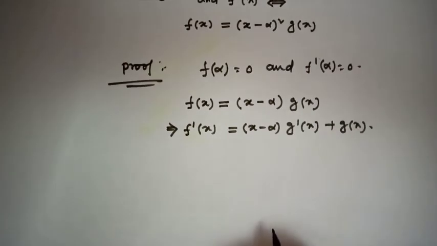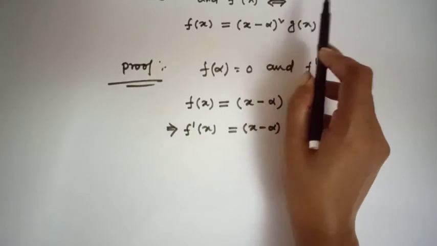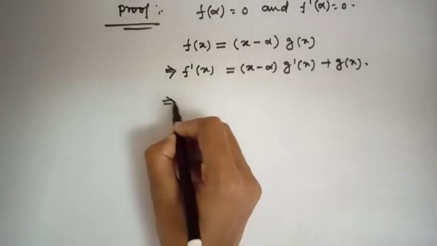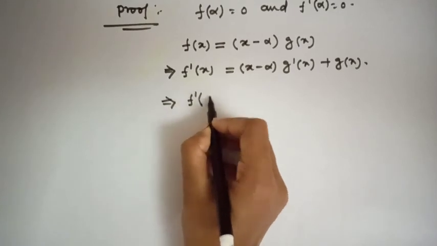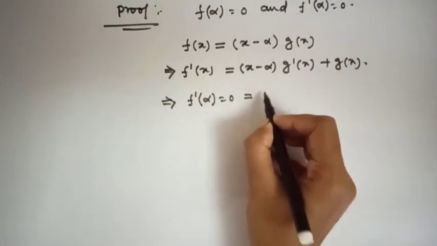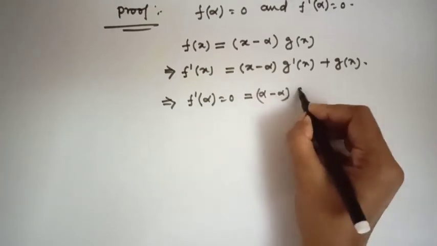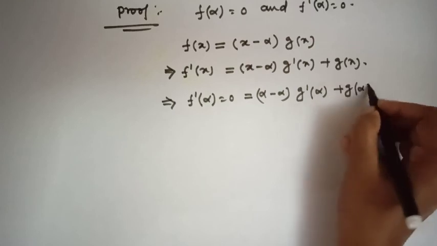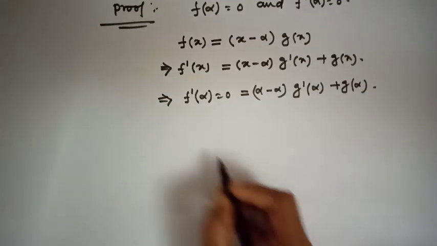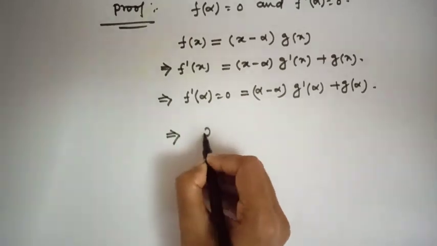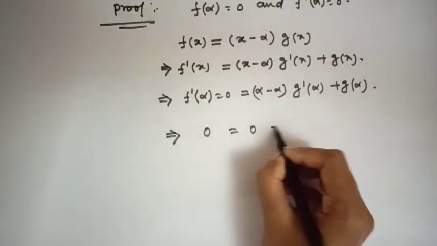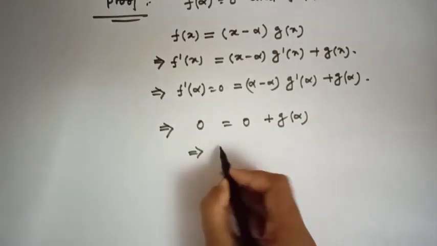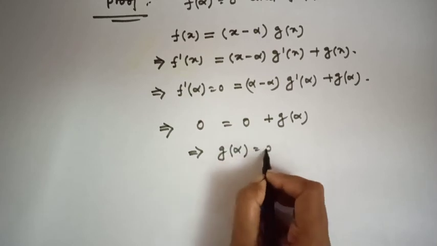Okay, since alpha is also a root of the derivative, we can write f prime(alpha) equals 0 equals (alpha minus alpha) g prime(alpha) plus g(alpha). Okay, that implies 0 equals 0 plus g(alpha). That implies g(alpha) equals 0.